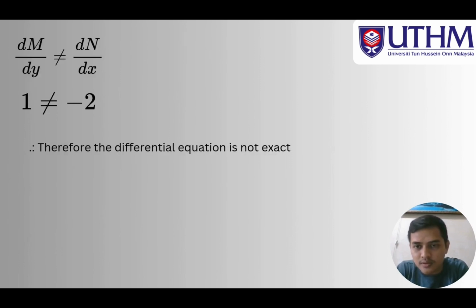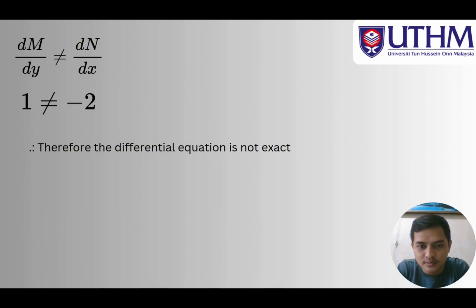So delta M over delta y is not equal to delta N over delta x, 1 is not equal to minus 2x. Therefore the differential equation is not exact.